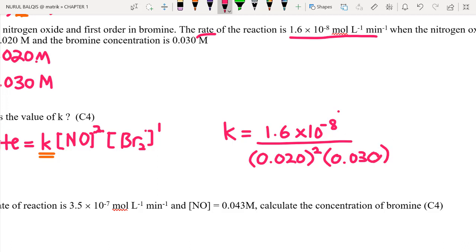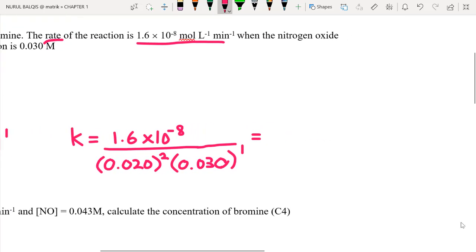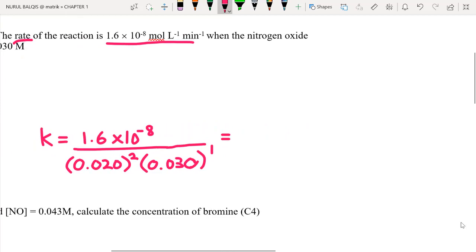As for bromine, we only have first order. When you insert these values into the calculator, we get 1.333 × 10^-3.